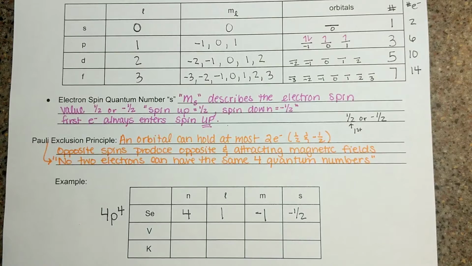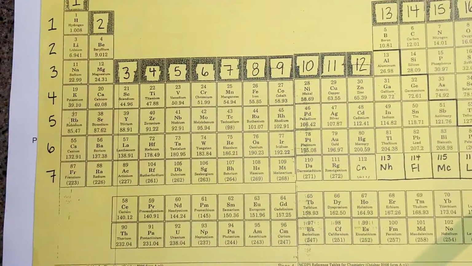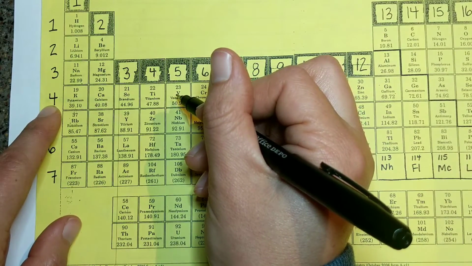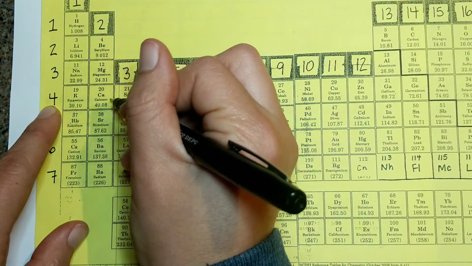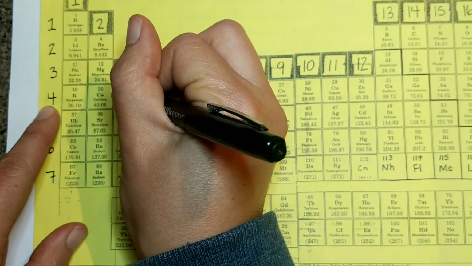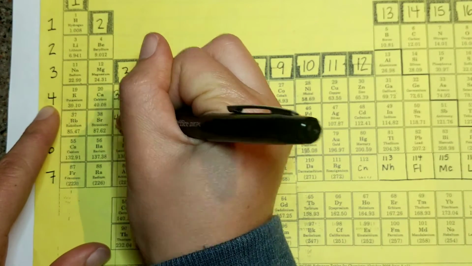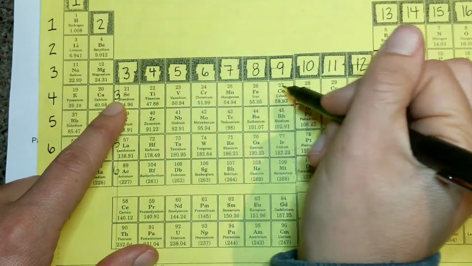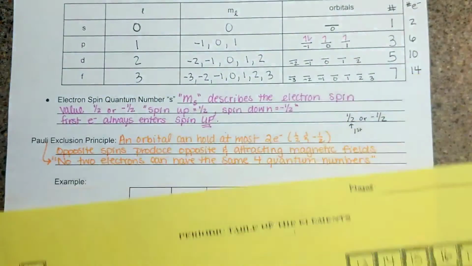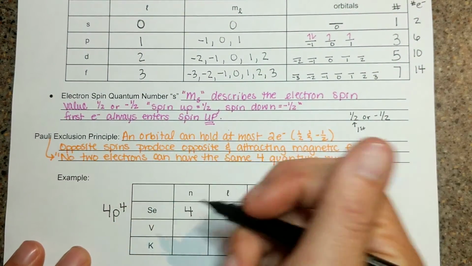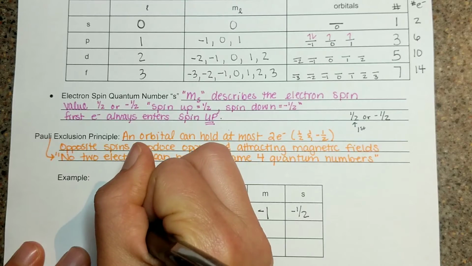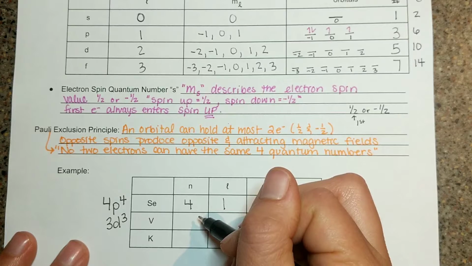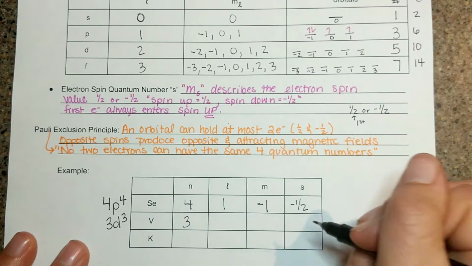So let's go through vanadium. Vanadium on our periodic table is here. Again, my 4th energy level, but I'm in my d block, so remember this is 3, 4, 5, 6. So I'm in 3d, 1, 2, 3. The end of my vanadium is 3d3. So my n value, my principal quantum number, is 3.